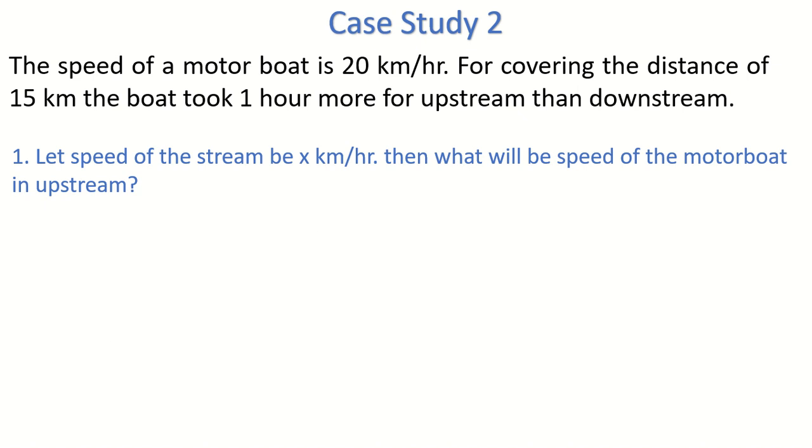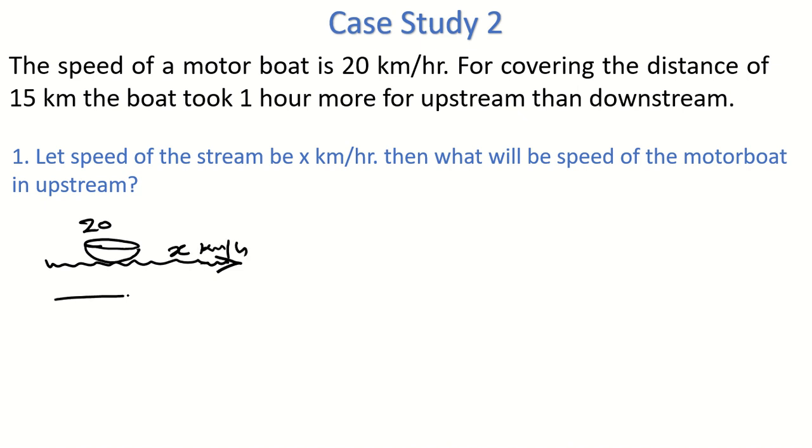Okay. Now, it's not about just drawing, but I am just trying to differentiate between the stream and the boat here. So suppose this is the stream and it is going in this direction, and this is the boat. Okay, and the speed of the boat is given. The motorboat is 20 kilometers per hour, so it is 20, and the speed of the current is x kilometers per hour.